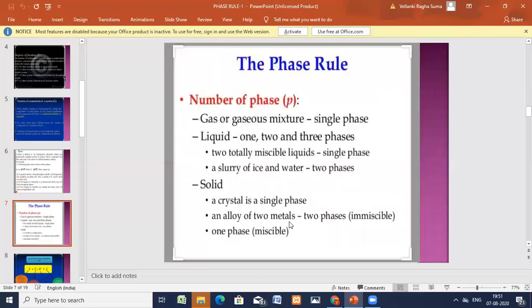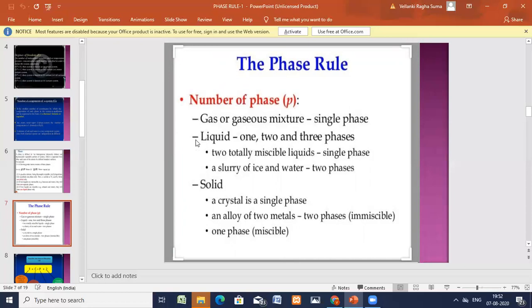I hope you now have a clear idea about a phase. Now we'll see what the phase rule is. I'm repeating the terms that are involved, because in order to understand the coming system, we need to revise the terms involved in the phase rule. The number of phases is given by P. A gas or gaseous mixture is a single phase, as the slide has explained.